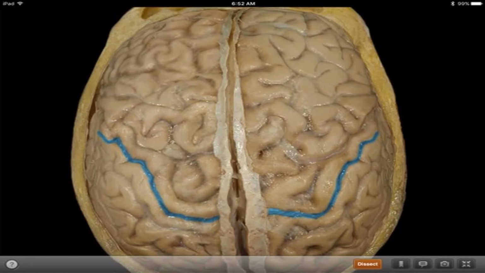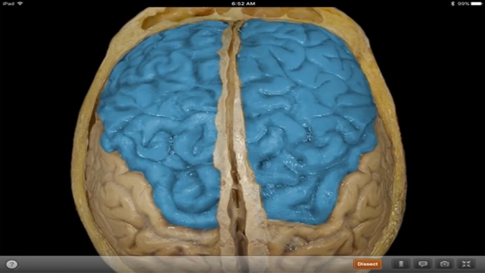This is a superior view of the brain, and the blue marked structure is the central sulcus. The lobe in front of the central sulcus is the blue marked part of the brain here, and of course this is going to be the frontal lobe.